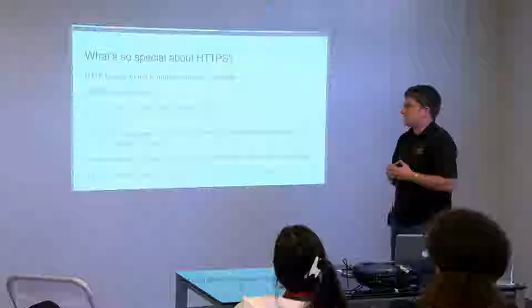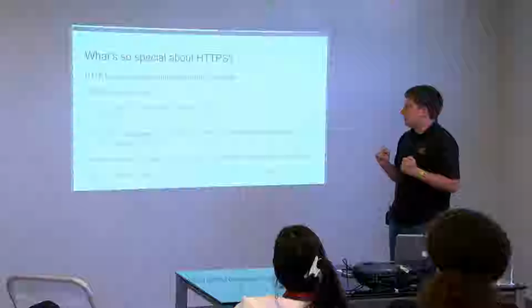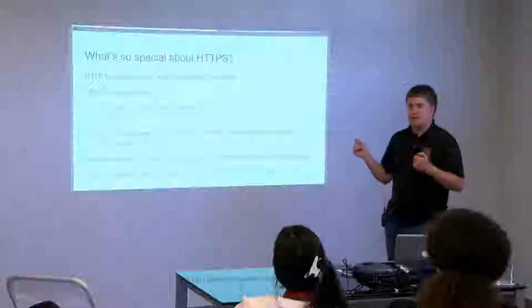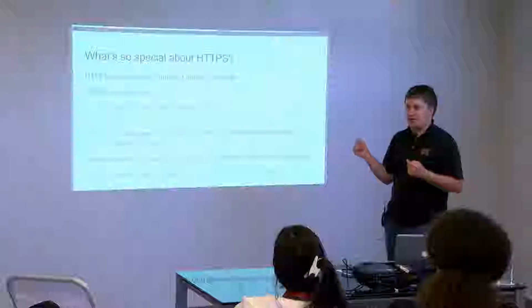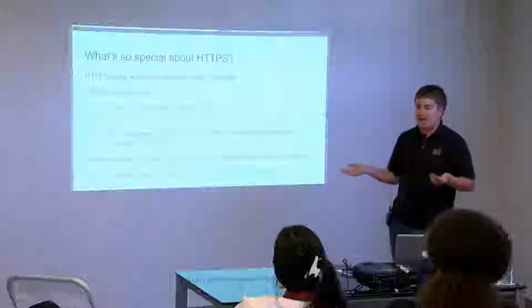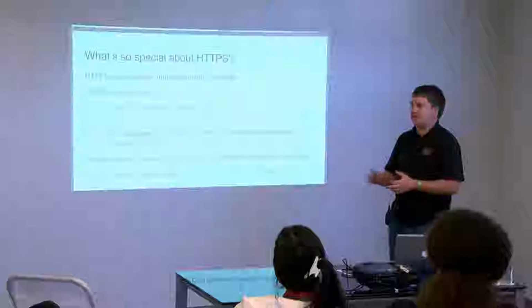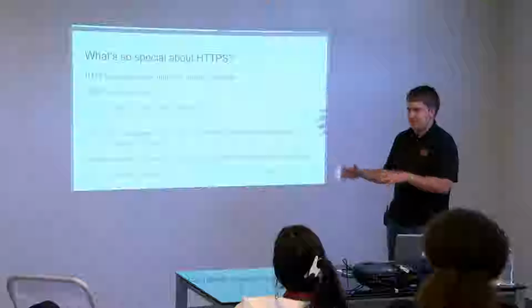And so if someone's monitoring that connection with HTTPS, they can still see where you're going. If you're going to the New York Times website, they'll see nytimes.com, but they won't know what page you're going on there. The example people usually give is if you're in an oppressive government state.